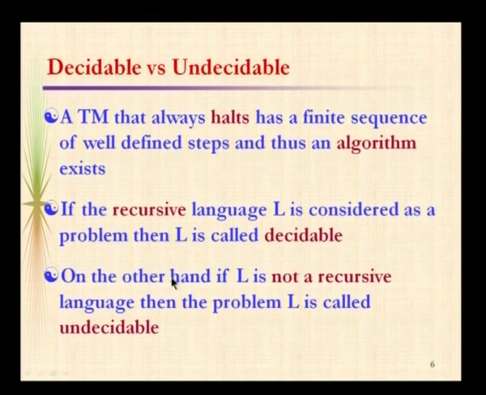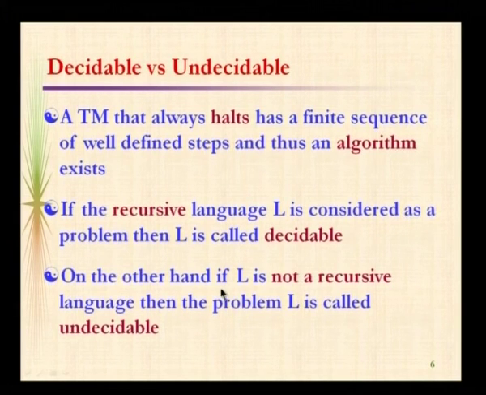So the definition of a Turing machine which is always halting and the definition of an algorithm become similar. If the Turing machine is expected to halt always, irrespective of whether the input is accepted or not, then we can claim that the Turing machine's language is recursive and the corresponding problem is a decidable problem, and if the problem is decidable, then we can claim there exists an algorithm for that.